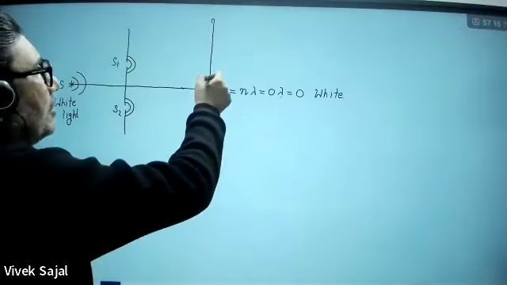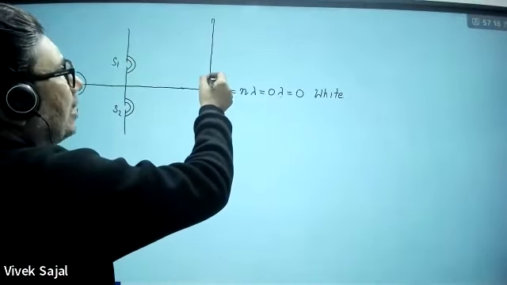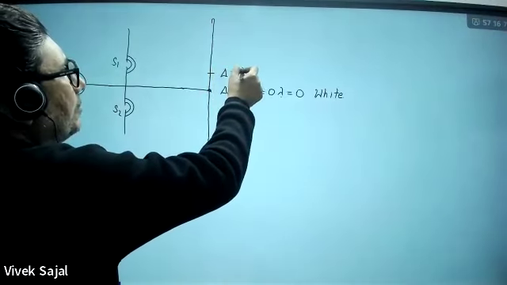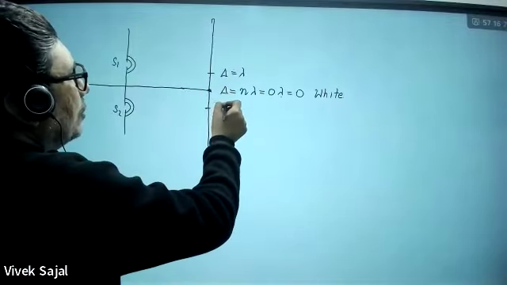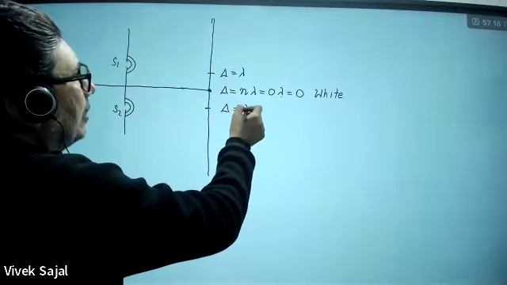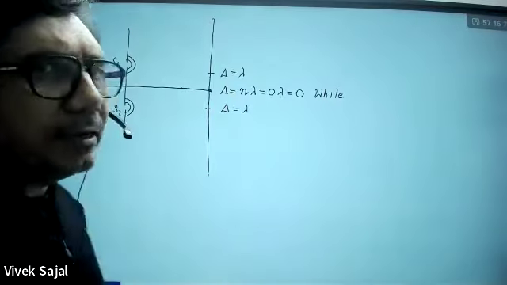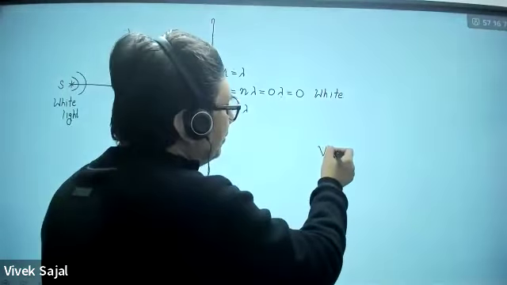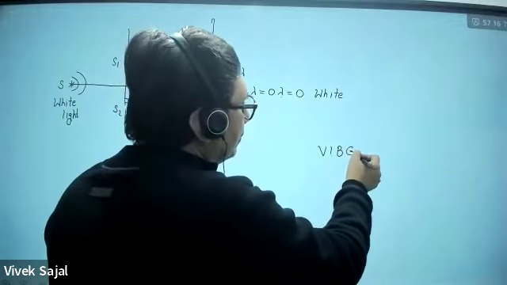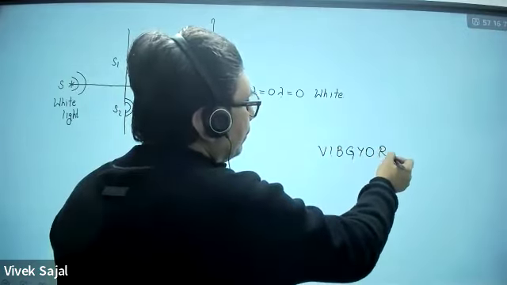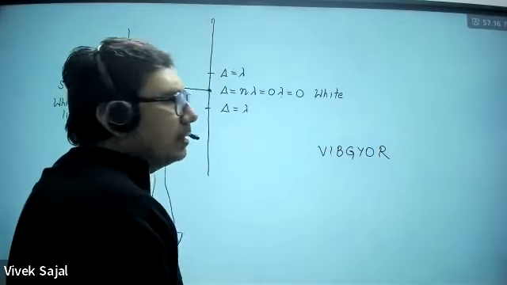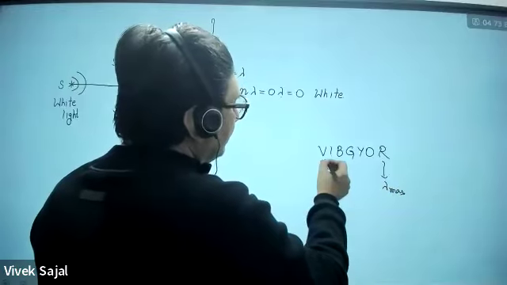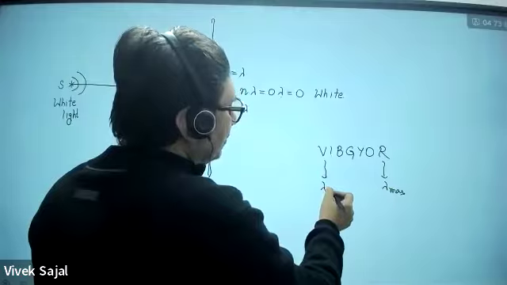But for the others, try to understand where you are going to get first order maxima: when delta is equal to lambda. On this side, you are going to get delta equal to lambda. So these are the conditions. But lambda for different colors is different. White light is made up of VIBGYOR, and one end has maximum lambda and the other has minimum lambda.